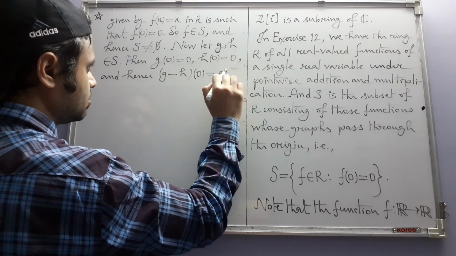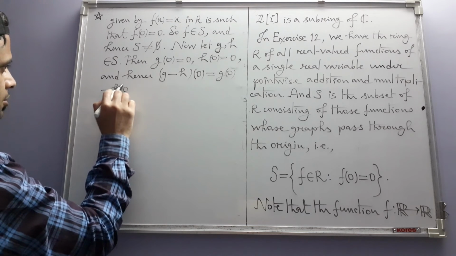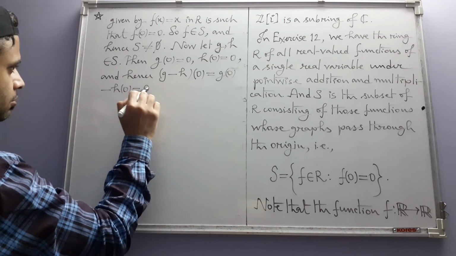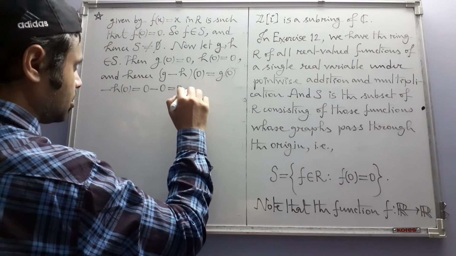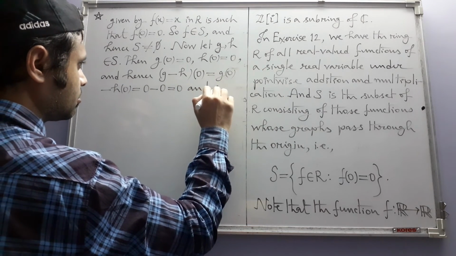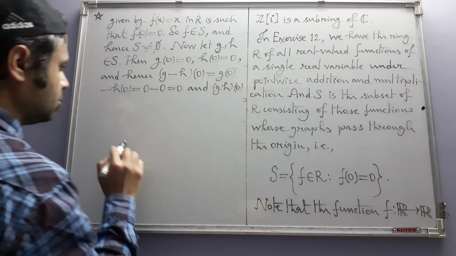This is g of 0 minus h of 0. And gh of 0 is g of 0 times h of 0.